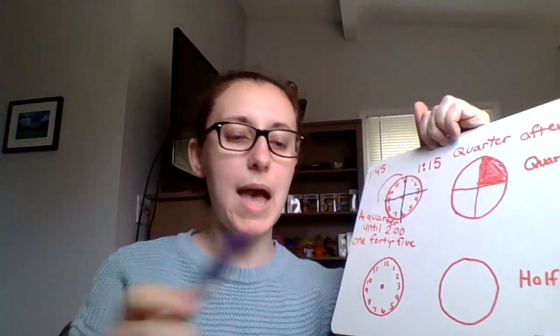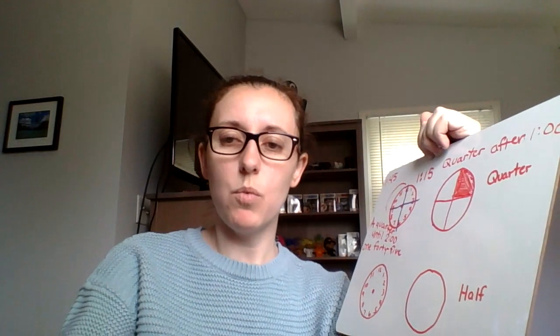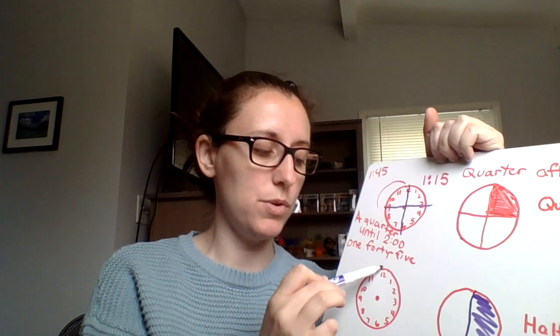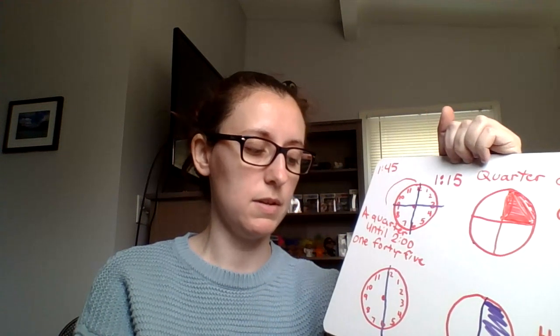Now, when we look at half, we know that when we split half a circle, it's in 2 parts. So instead of doing 2 lines, we would just do from 12 to 6.